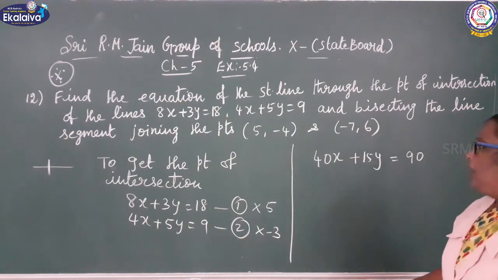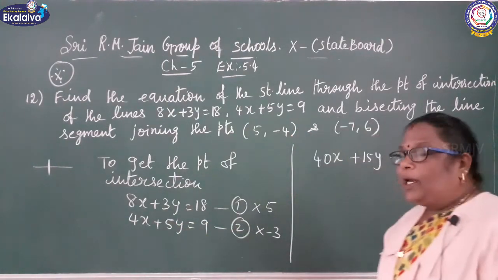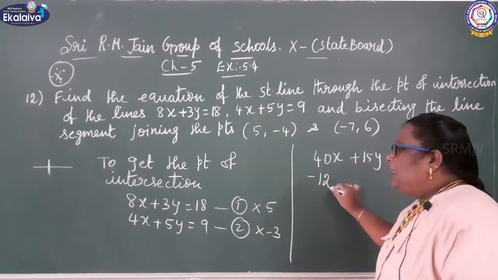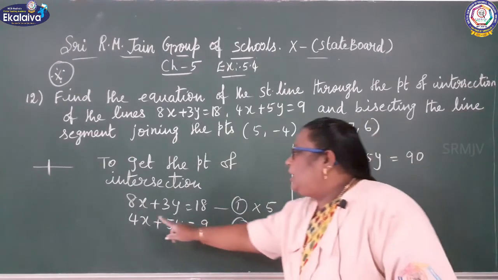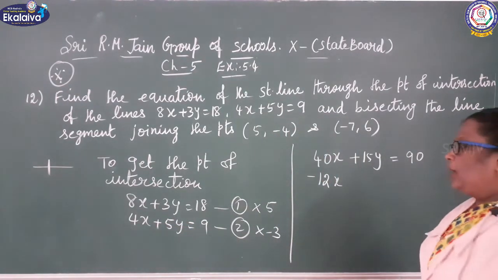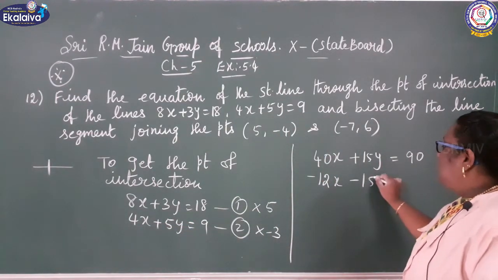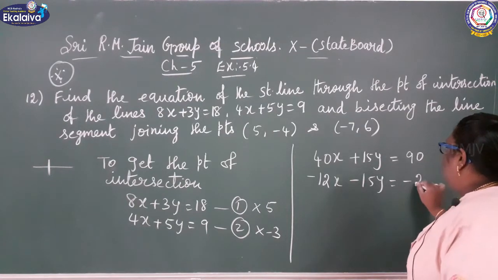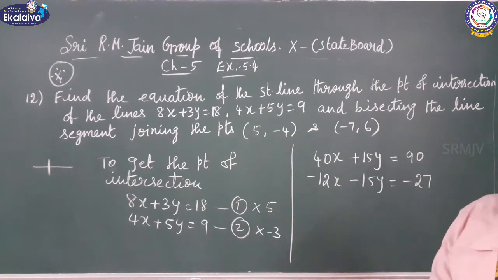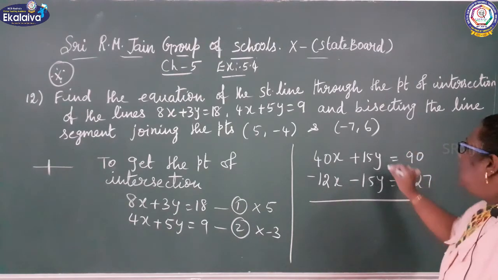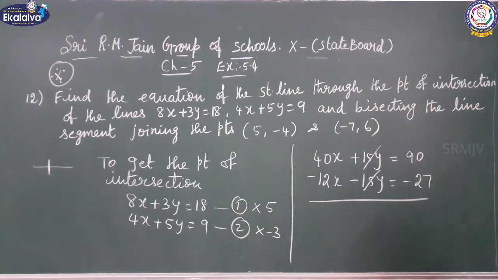Next, minus 3 into 4 is minus 12x, minus 3 into 5 is minus 15y, equal to minus 27. 15x minus 15x get cancel.